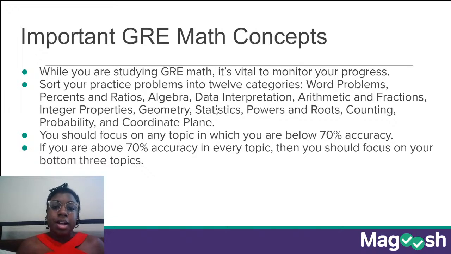You can sort your practice problems into 12 categories: word problems, percents and ratios, algebra, data interpretation, arithmetic and fractions, integer properties, geometry, statistics, powers and roots, counting, probability, and coordinate plane.